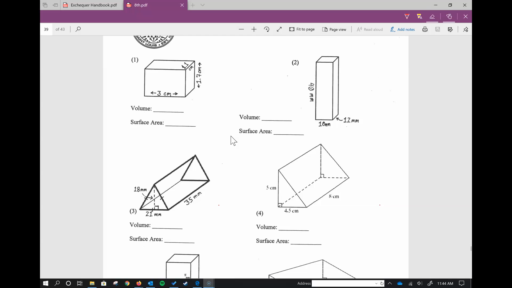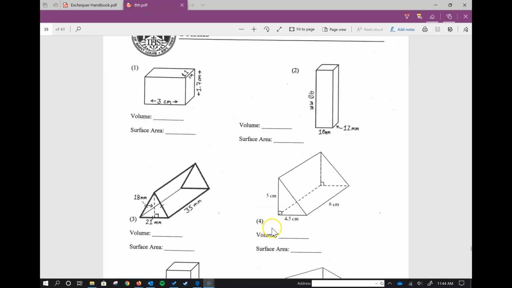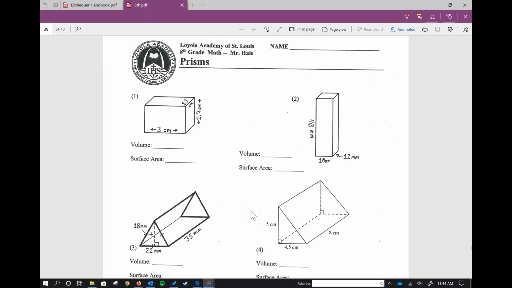So, for today, we're going to go over these 6 problems from your previous worksheet, specifically the volume of these 6 prisms. And then I'm going to ask you on OneNote to complete a very similar worksheet. It looks almost identical, but I've changed some of the numbers.